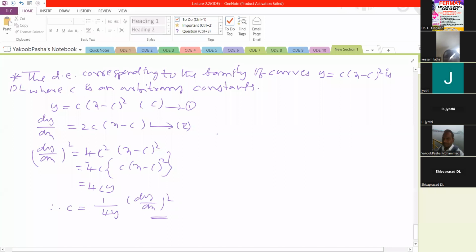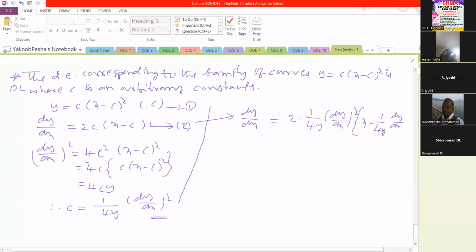And substitute in the equation number 2. So we get dy by dx. In the left side, in this equation, we are substituting dy by dx is equal to 2 into c value, that is 1 by 4y dy by dx whole square into x minus again c value, that is 1 by 4y dy by dx whole square. Okay. Now here one dy by dx will be cancelled on both sides.